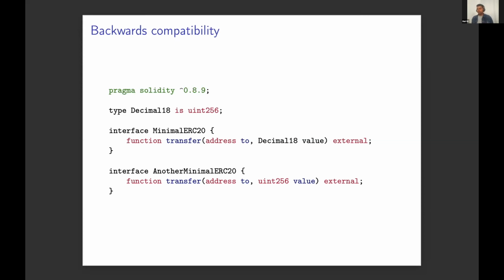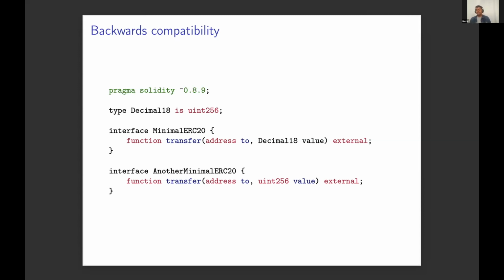Here I have two examples of interfaces, and they are supposed to represent a subset of the ERC20 standard, and both of them would work exactly the same. But in my opinion, the first one is much clearer because it makes it clear that the value is supposed to represent a number with 18 decimals, which is the case for most tokens.